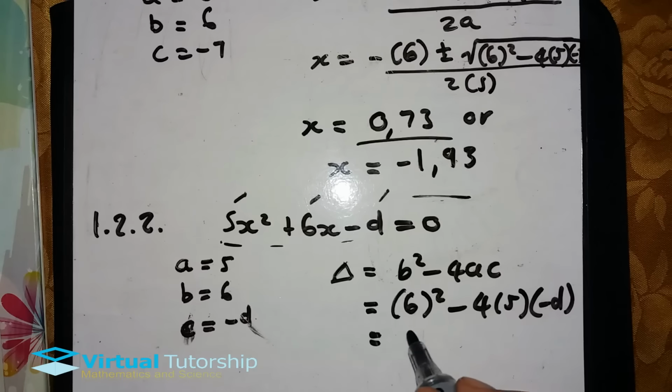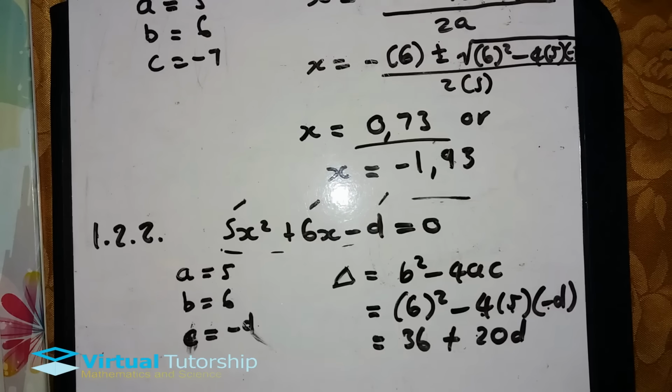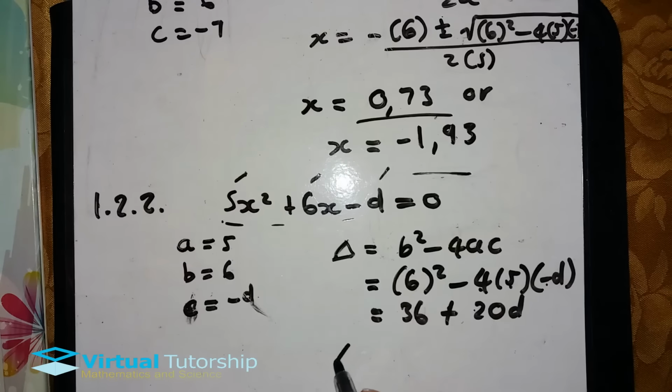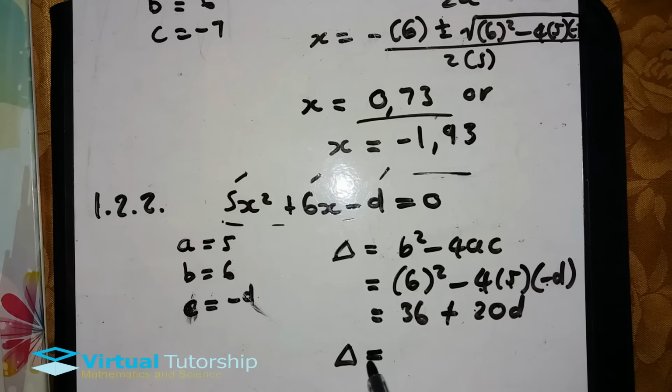So equal to 36, negative becomes positive, 4 times 5 is 20d. Okay, but hence or otherwise calculate the value of d for which this equation has equal roots. The only time your quadratic equation has equal roots is when delta is equal to 0.